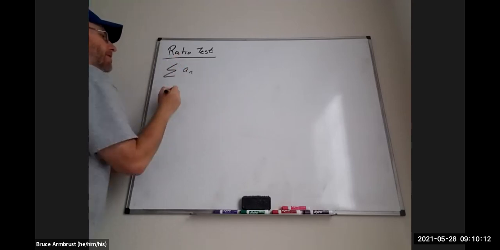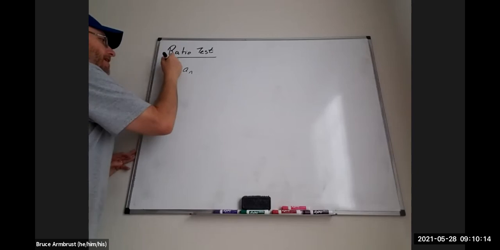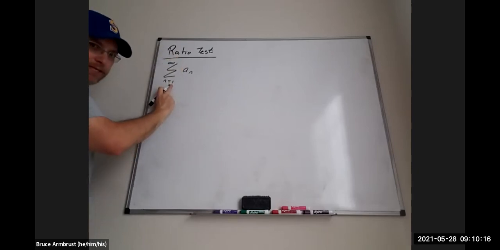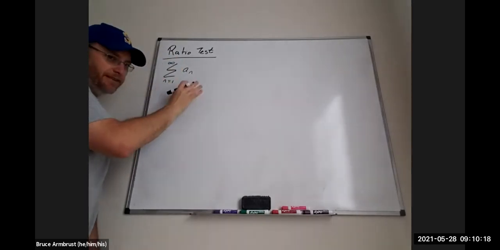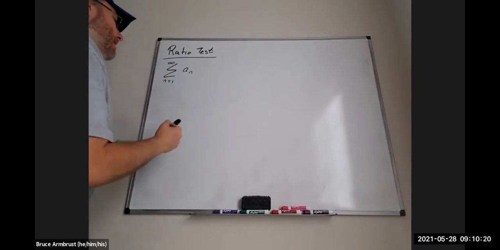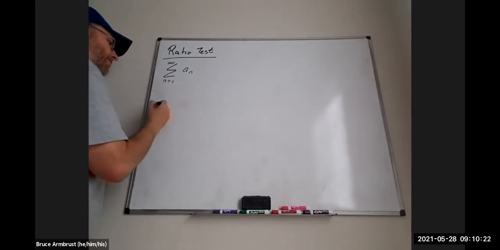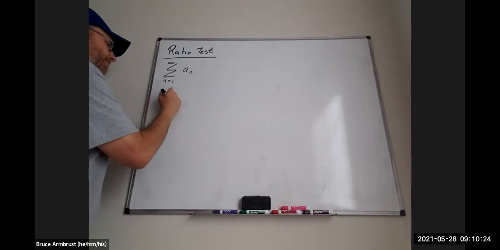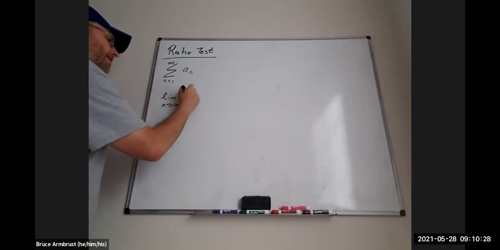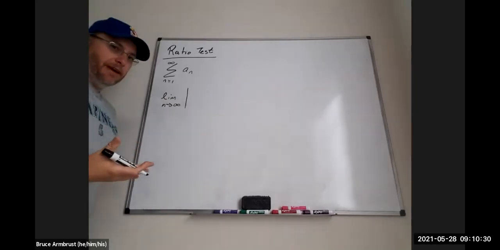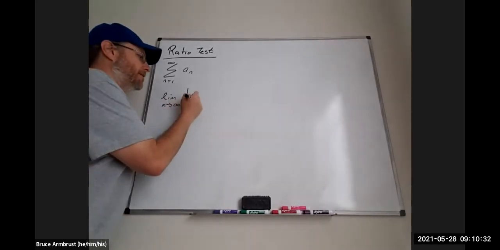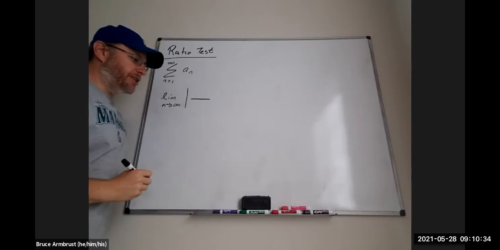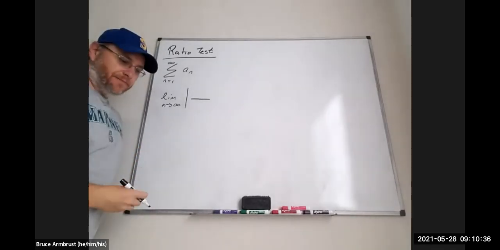So we're going to go with our generic series here. I'm going to say that it starts at 1, but it absolutely doesn't matter. And what we're going to do is look at the limit as n goes to infinity of the absolute value of a ratio of terms.